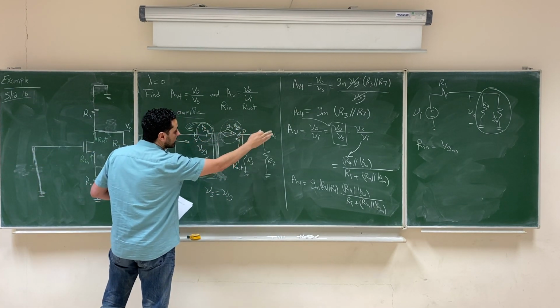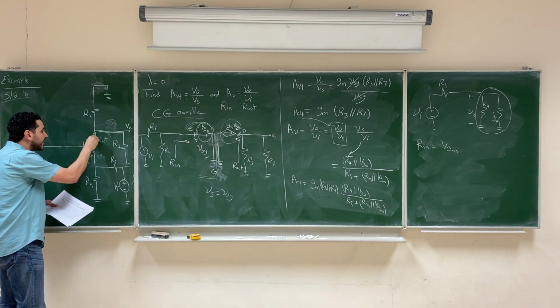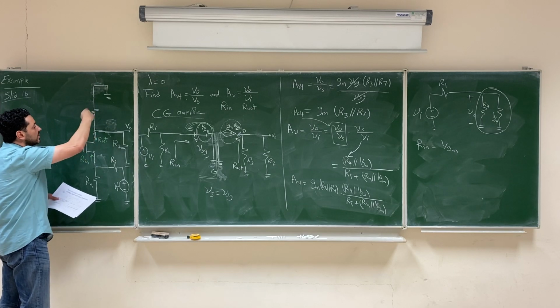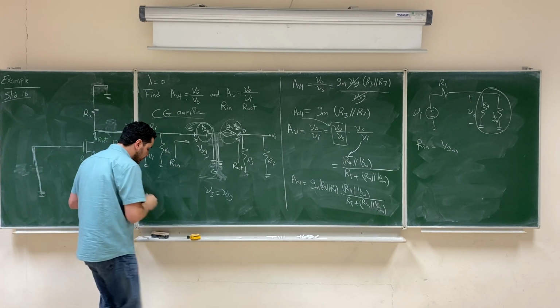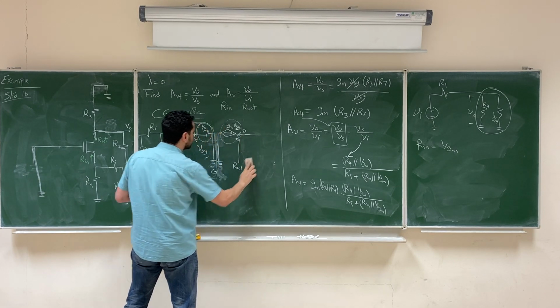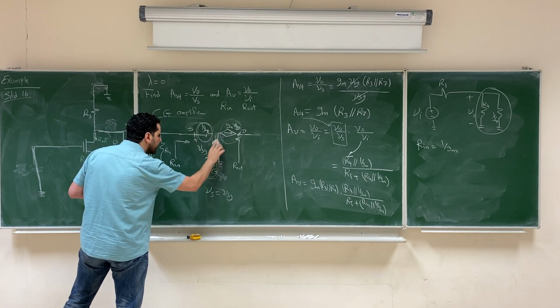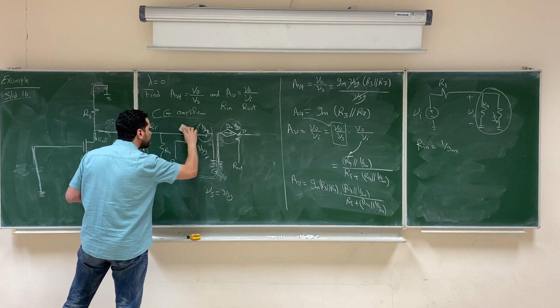We need to look at our output directly at the drain without all the resistors connected to the drain. So we just remove everything before this point. I'm sorry, maybe it's a bit confusing here. I have many things.